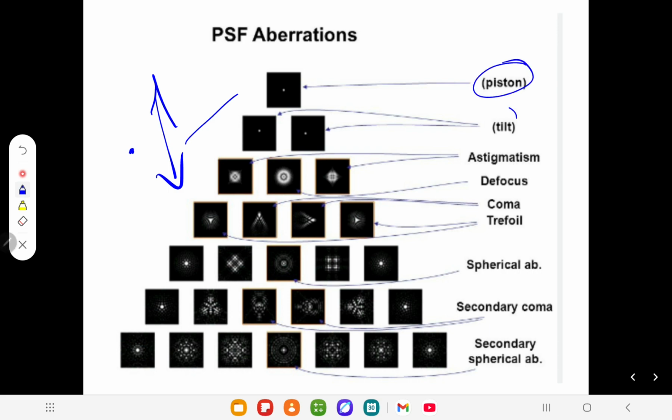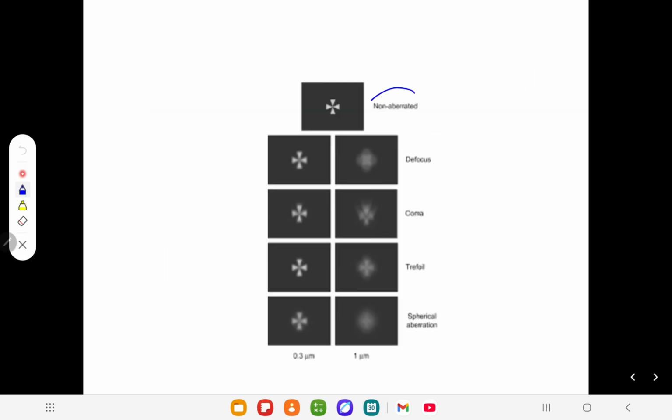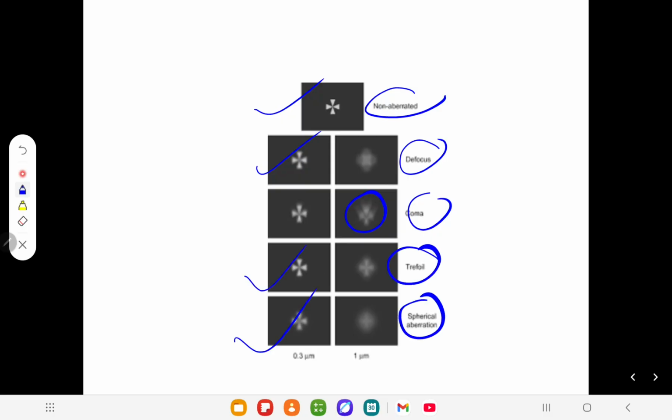In case of piston and tilt, they are not clinically relevant, but from astigmatism, coma and trefoil onwards, as you move to higher order aberration, the point spread function spreads more and more. Basically, a non-aberrated system looks like this, and in defocus it looks like this. In coma, can you see this image like vertical shifting? Trefoil means three lips. Spherical aberration, obviously, so it's 0.3 micrometer aberration, and this one is 1 micrometer aberration, it's high.